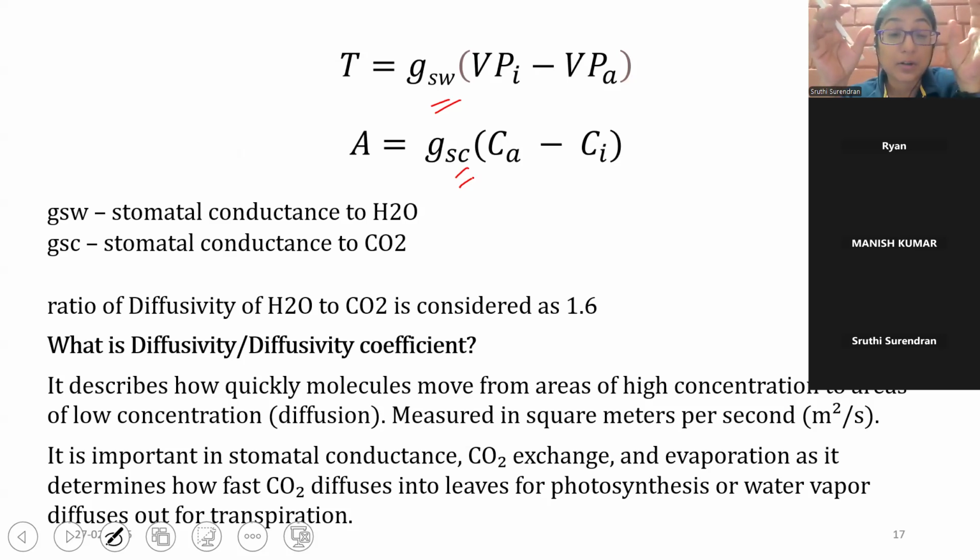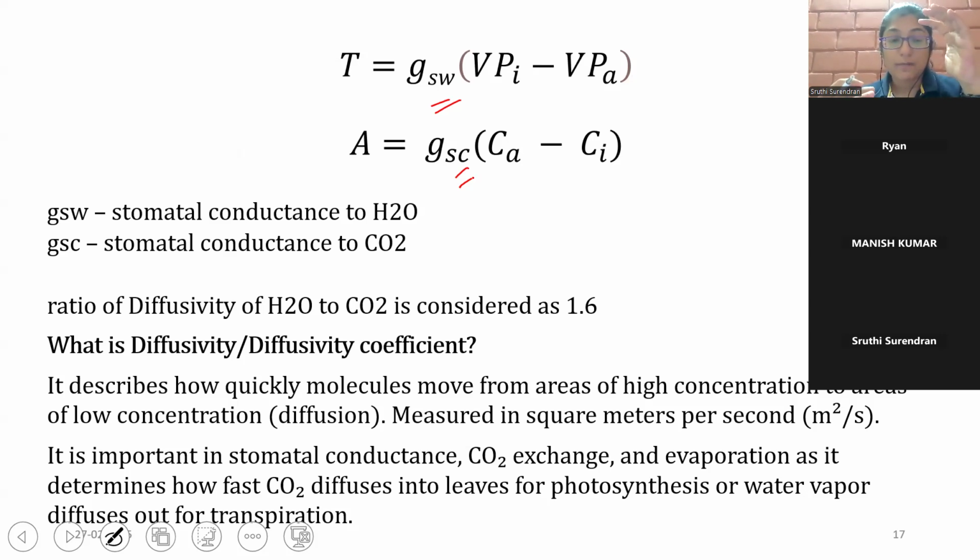We have something called the diffusivity coefficient. Diffusivity is nothing but describing how quickly the molecules will move from a region of high concentration to a region of low concentration. So in the case of carbon dioxide movement, the region of high concentration is outside and the region of low concentration is inside. So the carbon dioxide is going to go inside.